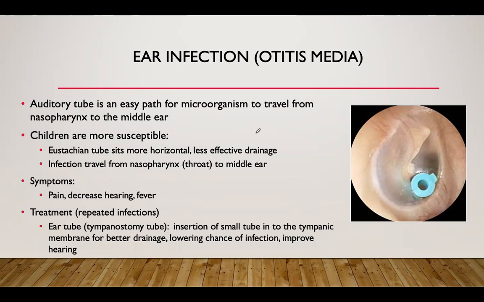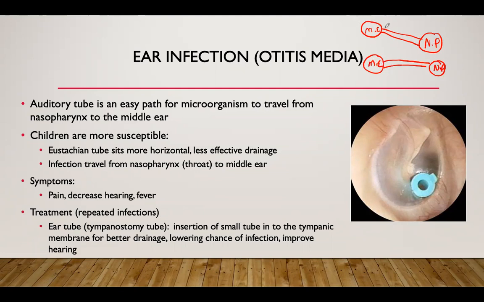The main reason for that is the positioning of the eustachian tube in an adult versus a child. So if I assume, and again, this is a really crude drawing, this is my middle ear, here is my eustachian tube, and here is my nasopharynx, versus the same picture, nasopharynx, and then middle ear.